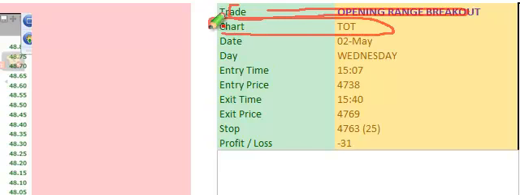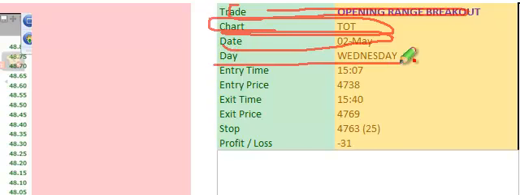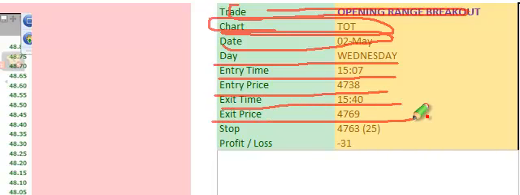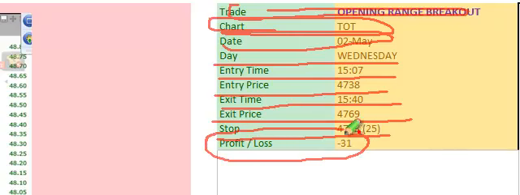I've got a field in there called chart, the day, which is Wednesday, the entry time, the time that I entered the trade, the entry price, the price I entered at, and the exit time and the exit price. I also put in there my stop, where my initial stop loss was located, and obviously the profit or loss, depending on what the trade was.